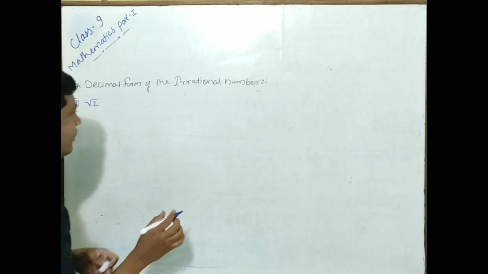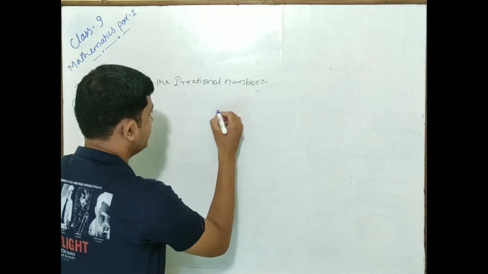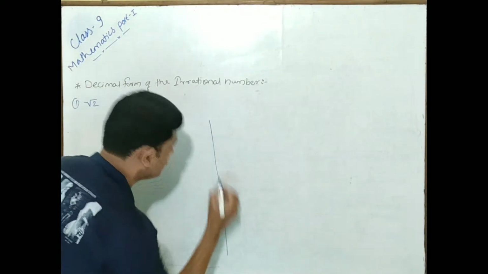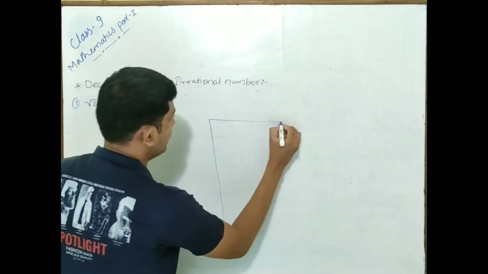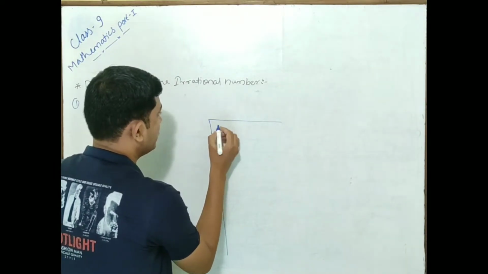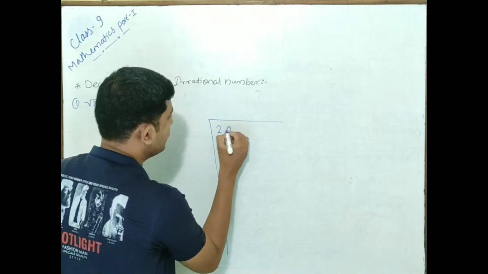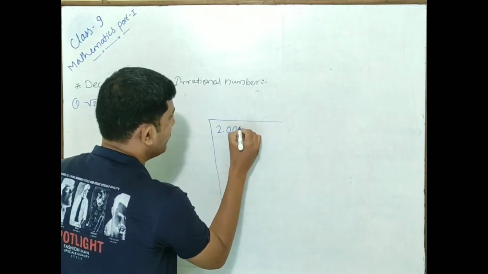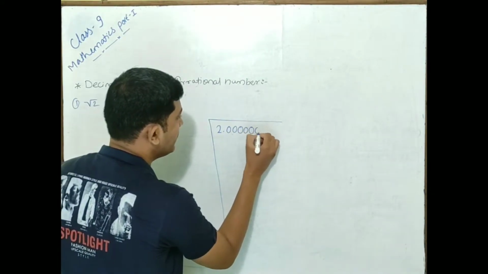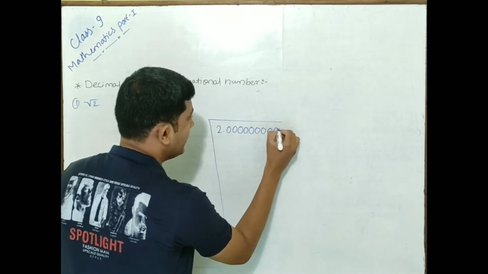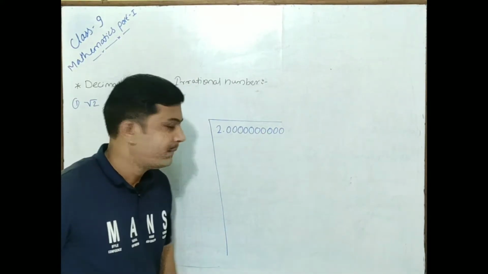First of all, we take here 2, and we can write the 2 in the form of a non-terminating recurring decimal.